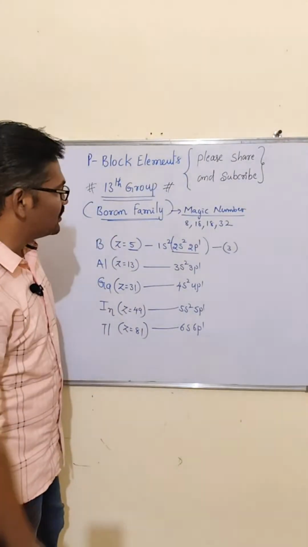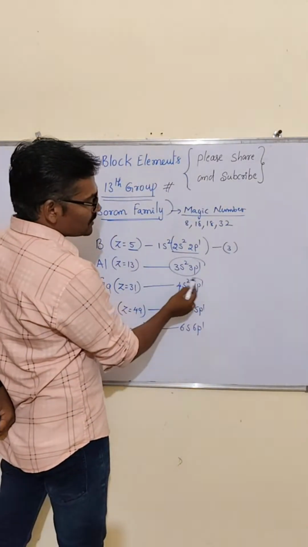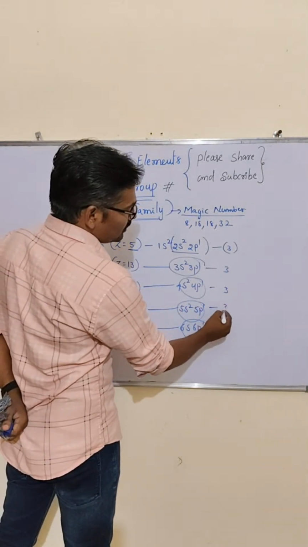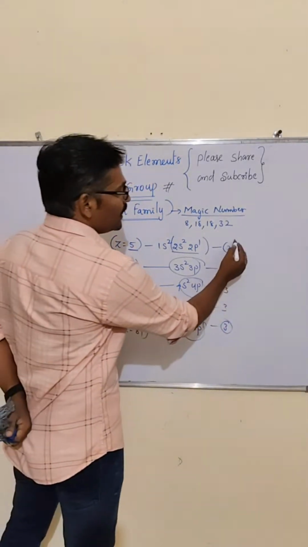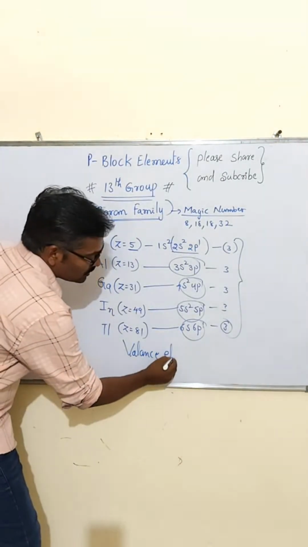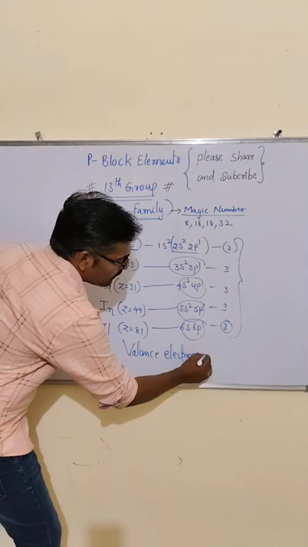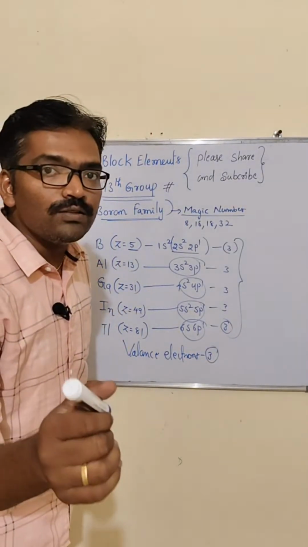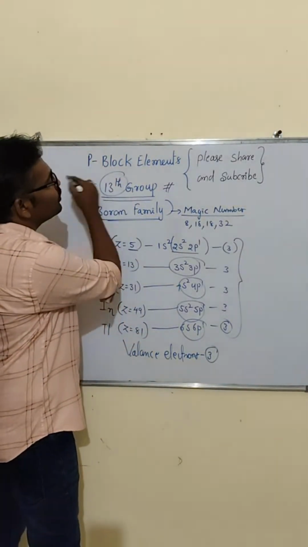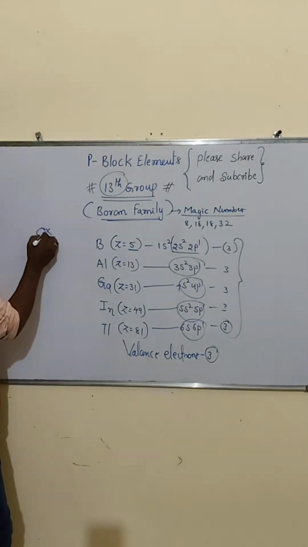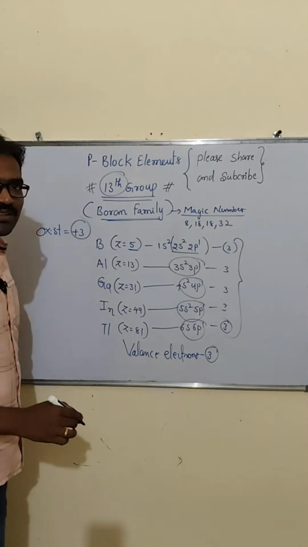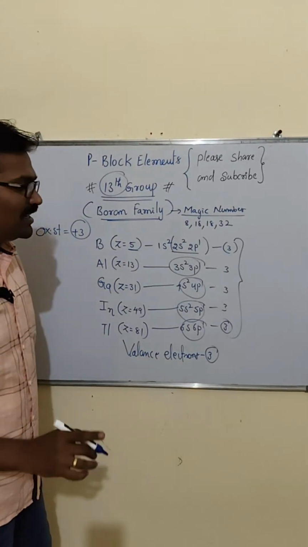So all these elements have 3 electrons in their valence shell. Valence electrons for the 13th group elements are 3, and the common oxidation state of 13th group elements is +3. That you have to remember.